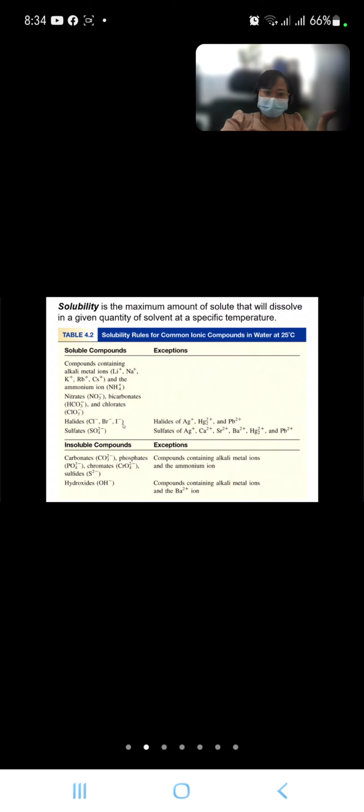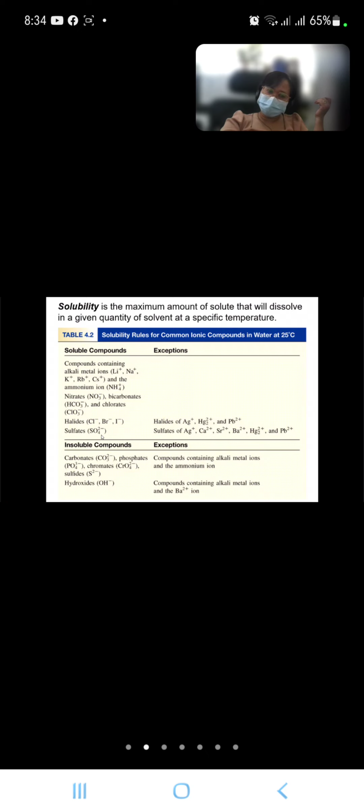These halides are soluble compounds except when they form a compound with the silver ion. If they are paired with silver ion, they become insoluble. Or if they are paired with mercury 1 ion, they become insoluble, and also lead 2 ion.